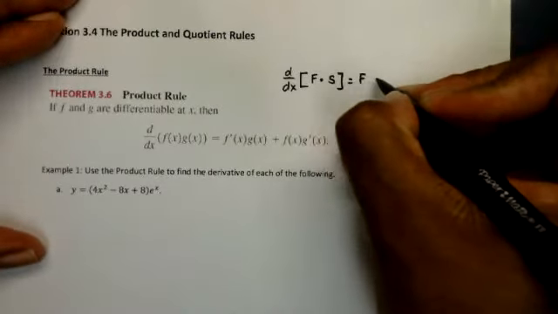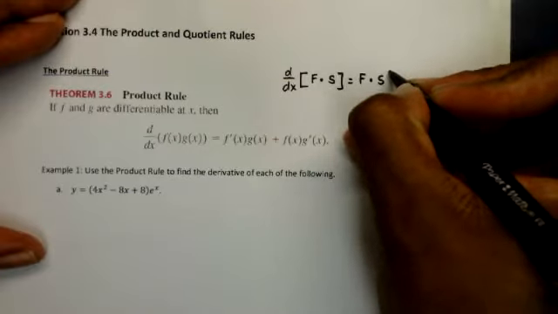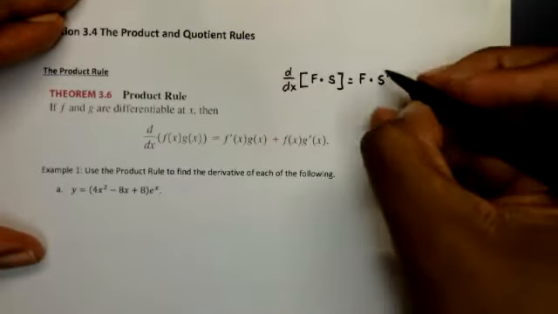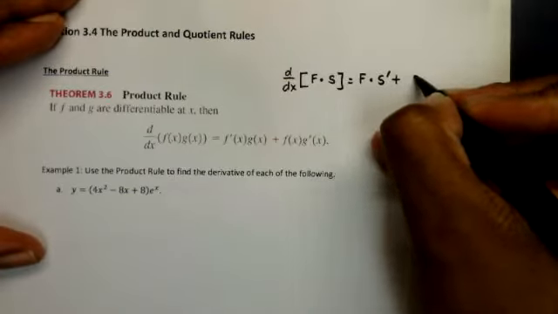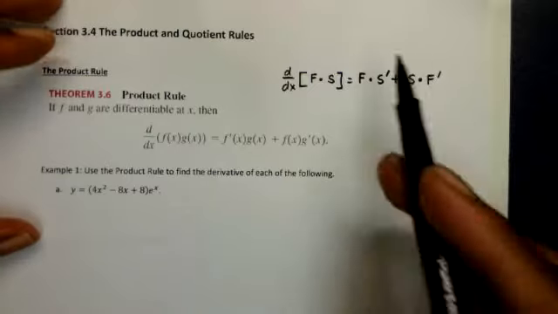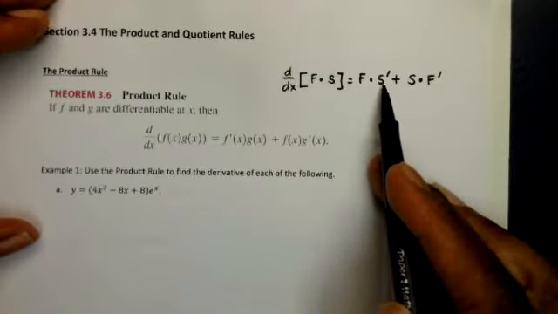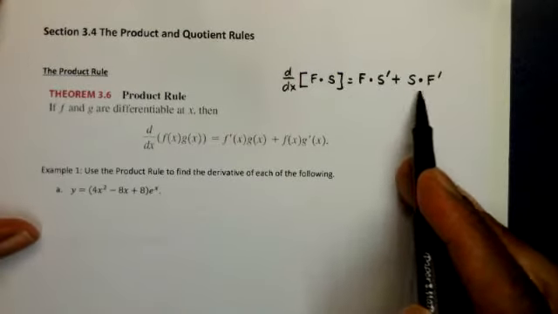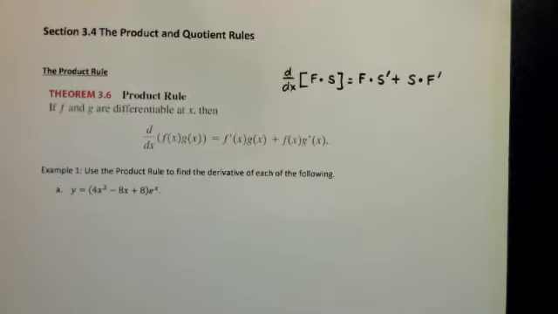I take the first term times the derivative of the second term, that's s prime, plus the second times the derivative of the first. Yes, I remember that: first times derivative of the second, plus the second times the derivative of the first. That's how I remember the product rule. And we're going to use that in some of these examples that I have here in this video.